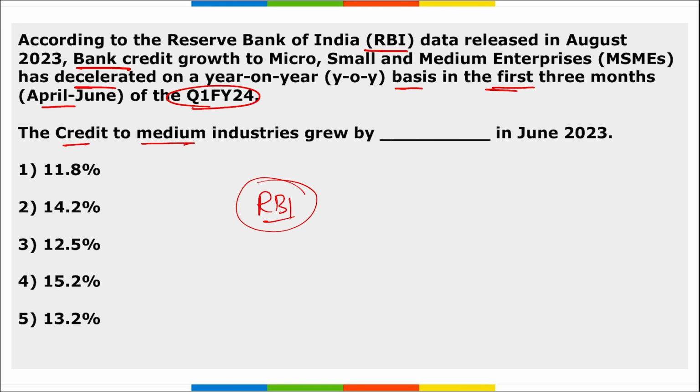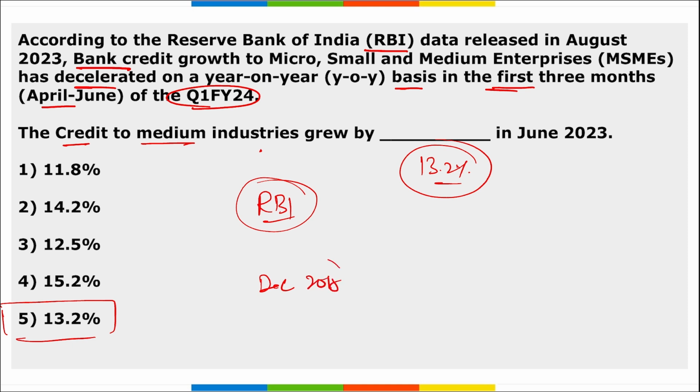And in the first 3 months of the first quarter of fiscal year 24, the credit to medium industries grew by 13.2% in the month of June. So the right option is option 5 here. Correct. Then remember, the expert committee on MSME was constituted by RBI in December 2018, and they have estimated the overall credit gap in the MSME sector to be in the range of 20 lakh to 25 lakh crore rupees.